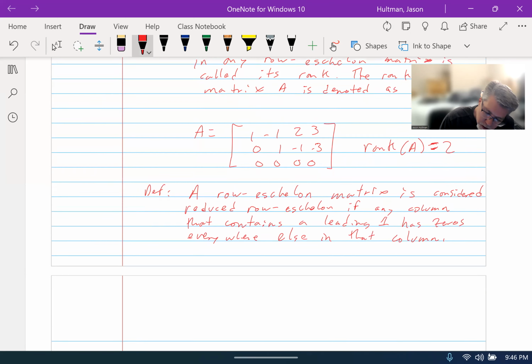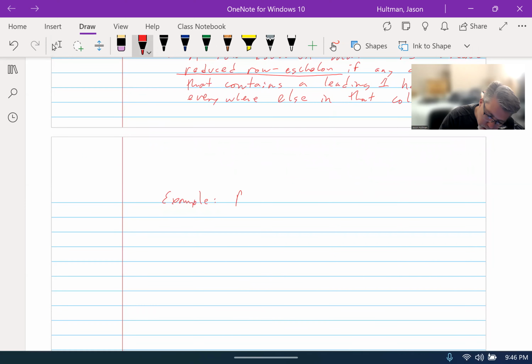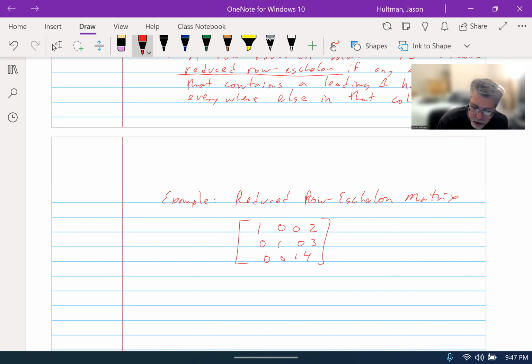Okay, let's do an example of a reduced row echelon matrix. If I have, say, the matrix 1, 0, 0, 2, 0, 1, 0, 3, and 0, 0, 1, 4, this is reduced row echelon.